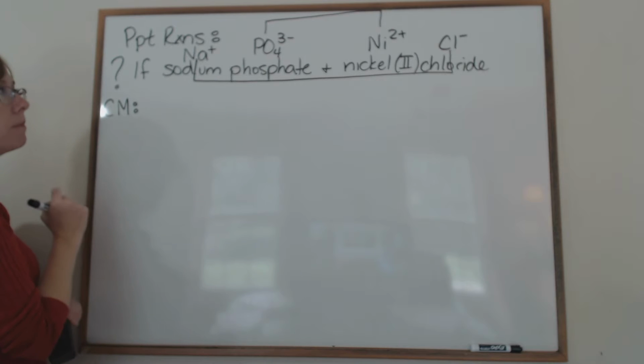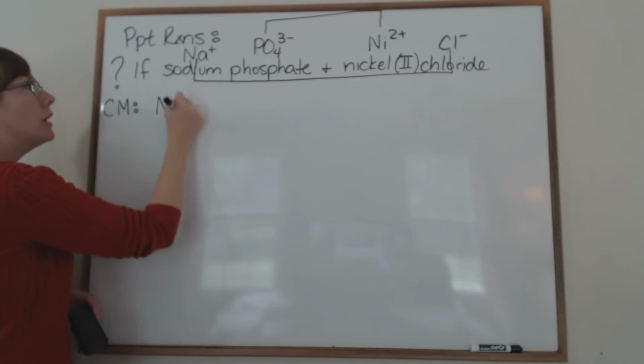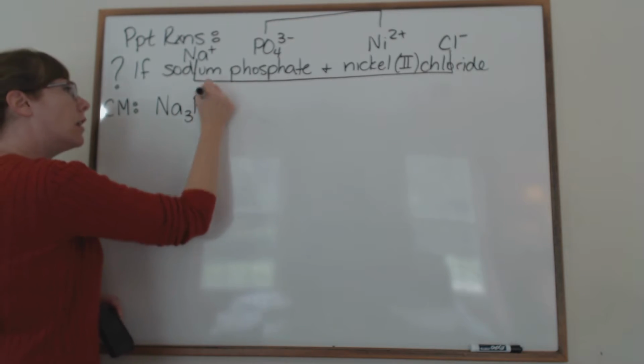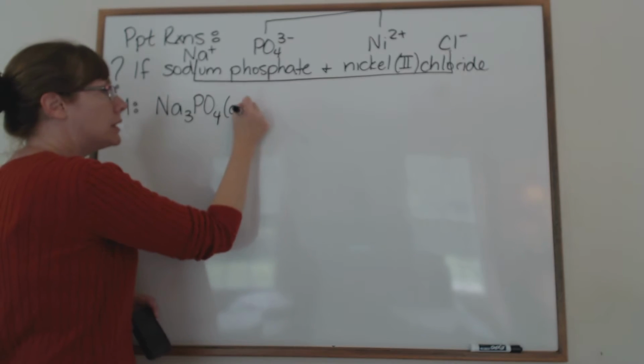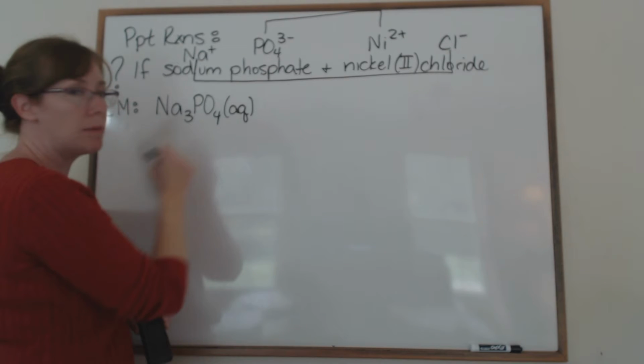So the two reactants are sodium phosphate, it's implied that they're aqueous because we said we combine them in aqueous solution, and nickel 2 chloride. So you just basically write the two reactants down. So sodium phosphate and nickel 2 chloride, we're combining those two together.